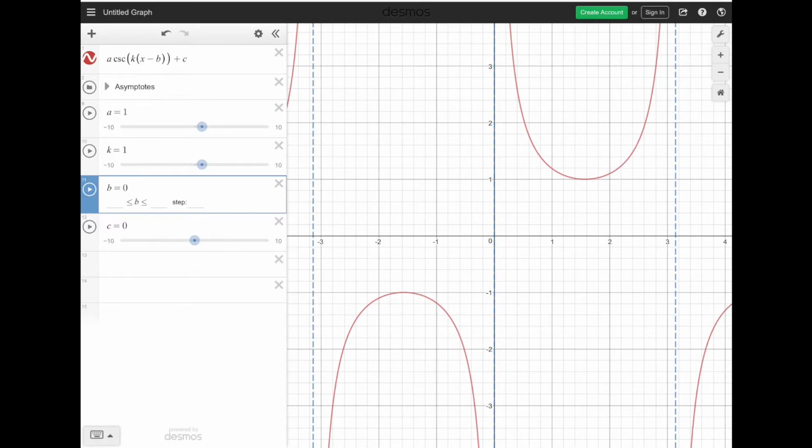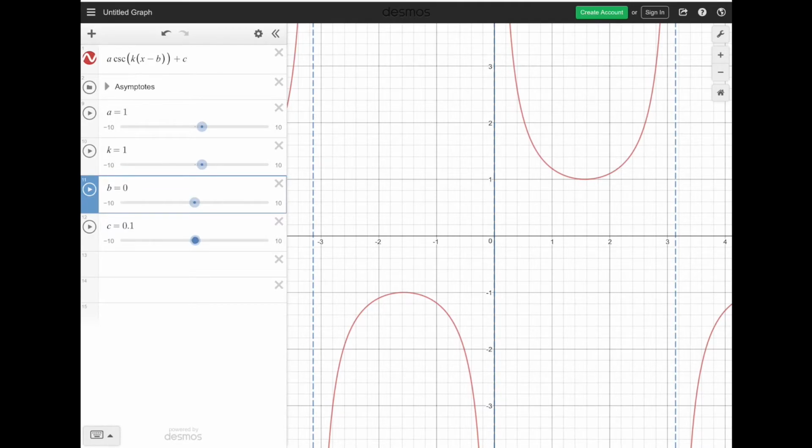And then for C, we're just changing kind of the midline of the function in a sense. So in this case, with the standard form of cosecant, we've got a midline about the x-axis, right? It's reflected in a sense about the x-axis. So if I increase C, I'm kind of shifting the midline upwards.